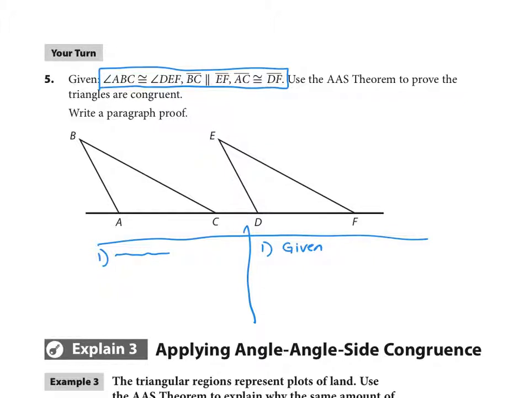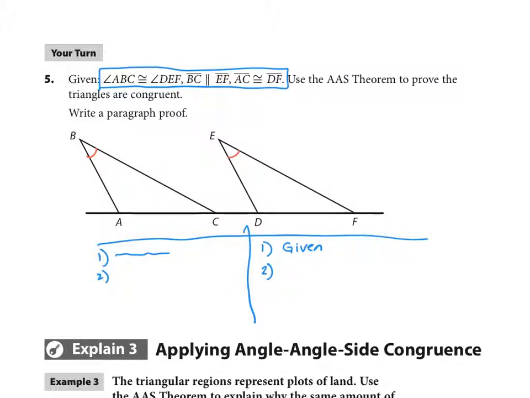Now, statement number 2, before we actually write down and figure out what that statement is, let's mark our picture. Angle ABC is congruent to angle DEF. And that's this angle here in the picture and this other angle. So those 2 are both congruent. The next part of our given is BC is parallel to EF.